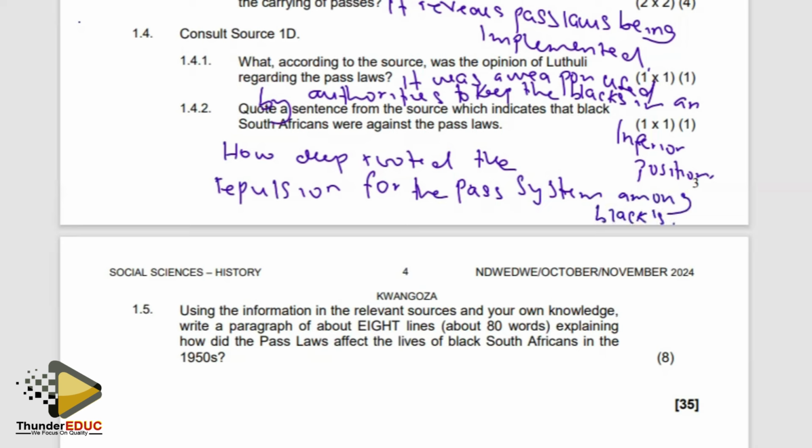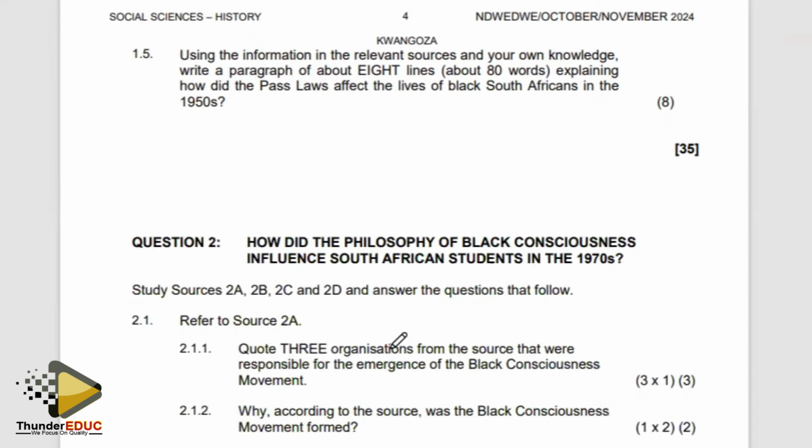Okay, since it's a quote, you need to put inverted commas. Right, so then let's go to question 1.5.